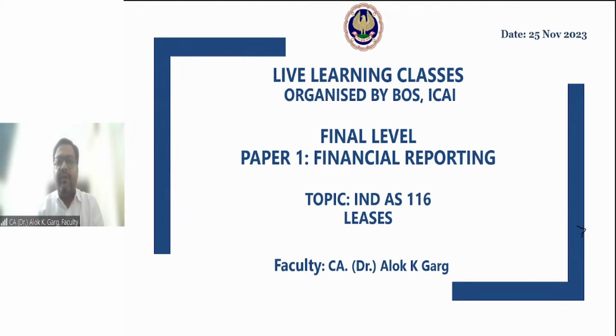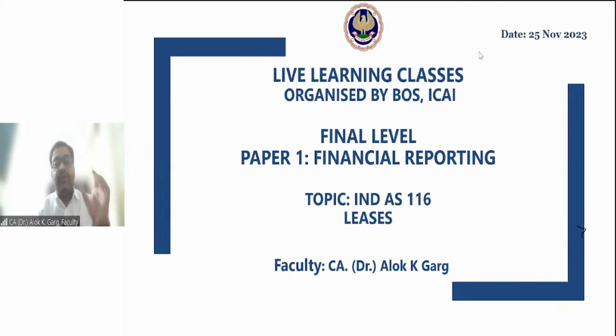What we were doing in Ind AS 17, which was the earlier version of the leases standard in Ind AS, and accounting standard 19. We have also talked about how, in this particular standard, a lease is a contract where the lessor conveys a right to control the use of an identified asset.